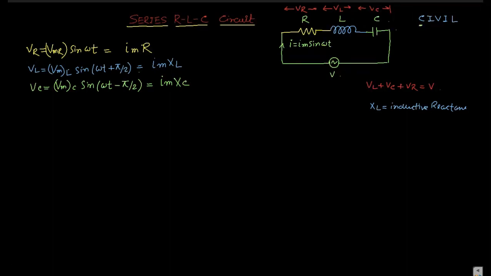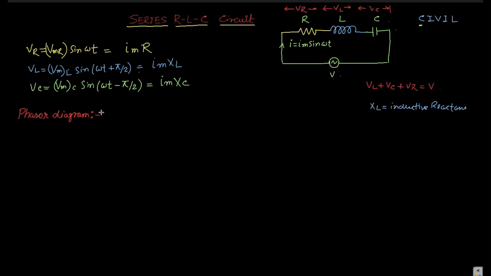Now this is not a complicated theory, because you already know the RL and RC. So now going to the phasor diagram. From the phasor diagram you can calculate everything.